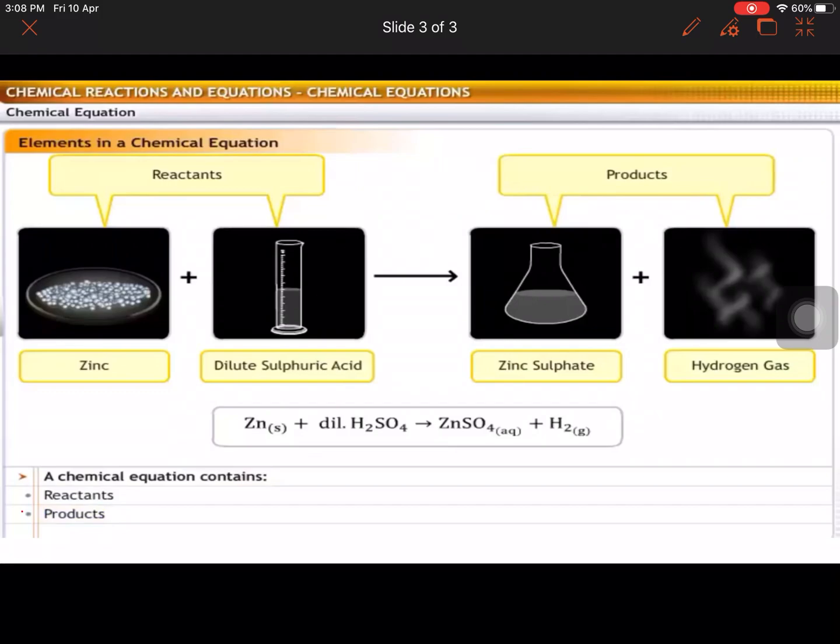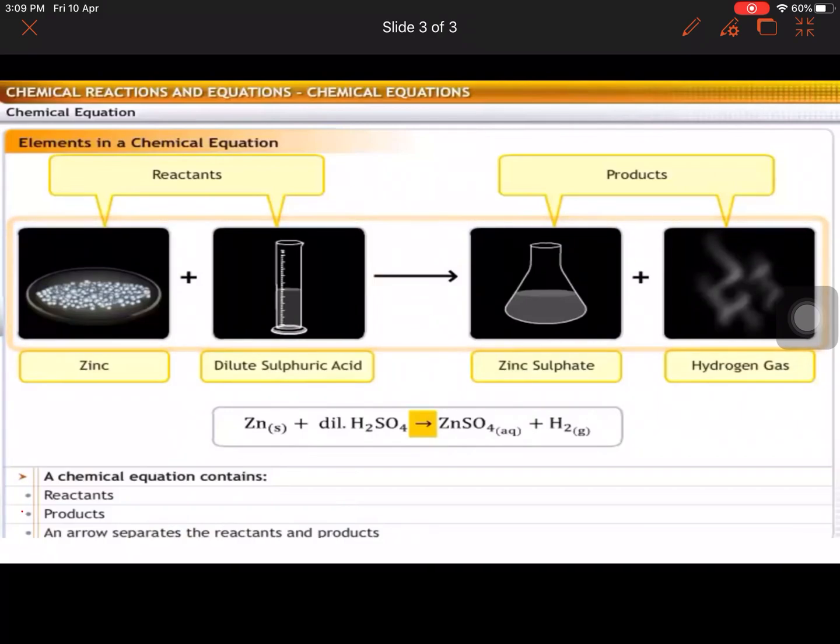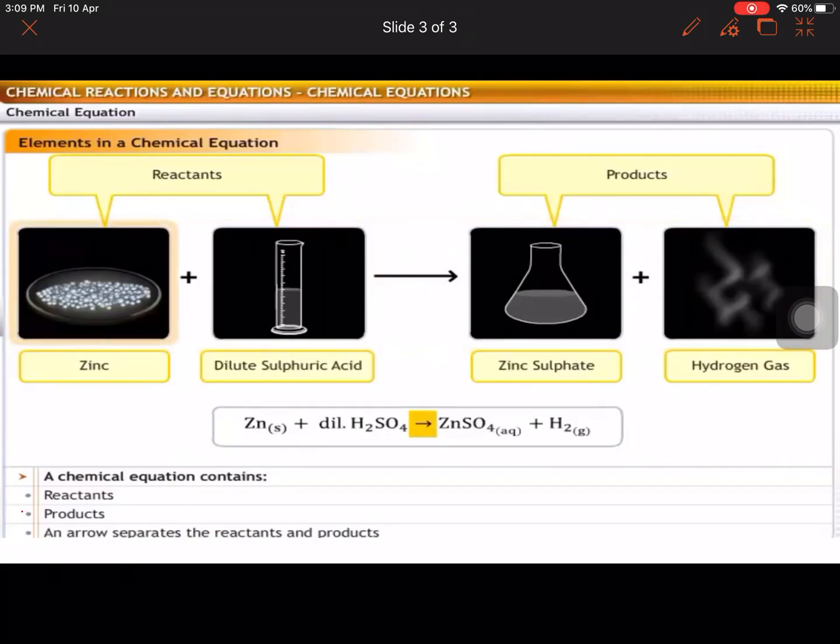Zinc sulfate and hydrogen gas are the products, hence they are on the right. An arrow separates the reactants and the products, and also indicates the direction of the reaction. Thus, the arrow indicates that zinc and sulfuric acid react to form zinc sulfate and hydrogen.